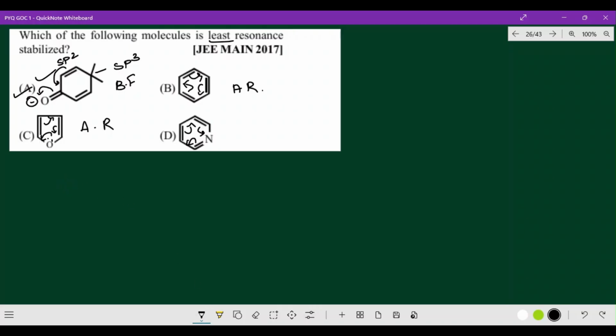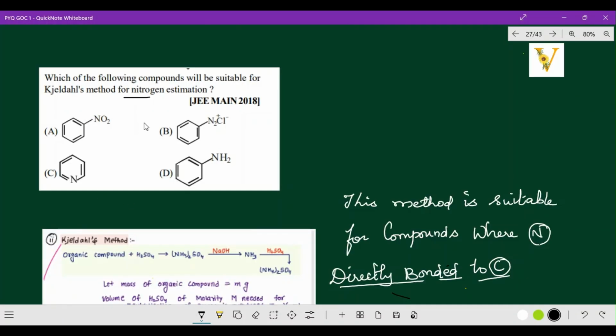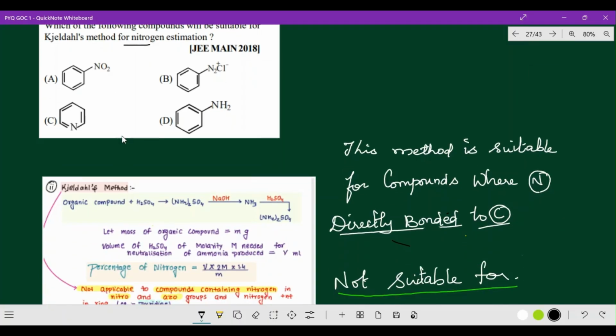Come on, let us go for the next question. The next question asks which of the following compounds will be suitable for Kjeldahl's method for nitrogen estimation. It's very simple. They are asking which is suitable. Let me tell you which is not suitable, so that you easily get the idea of which is suitable.